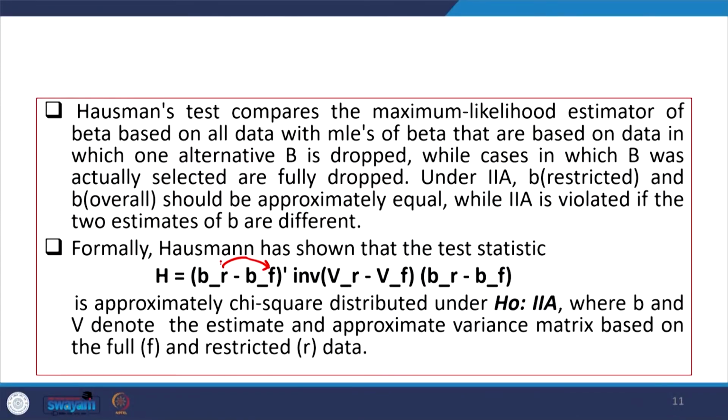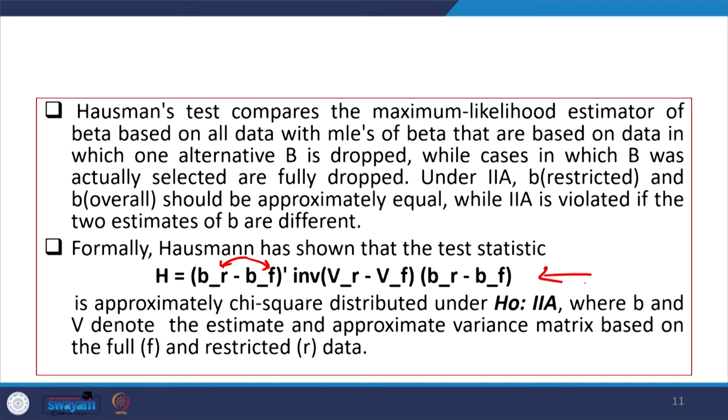So we are just getting the difference between these two in each case, b for the estimate and V for the variance. Each indicator is included in this equation.